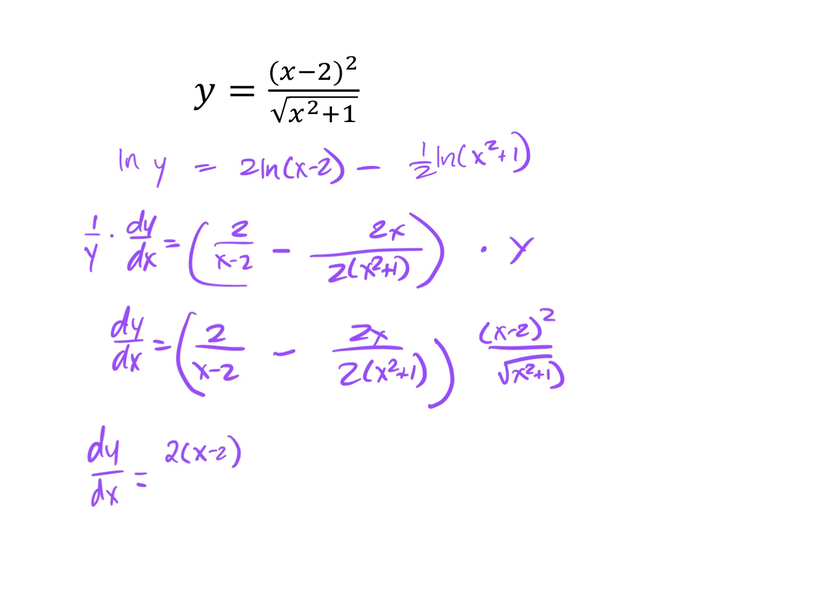Where are you getting the 2x on top? Chain rule of 1 over x squared plus 1. Can I leave it undistributed?